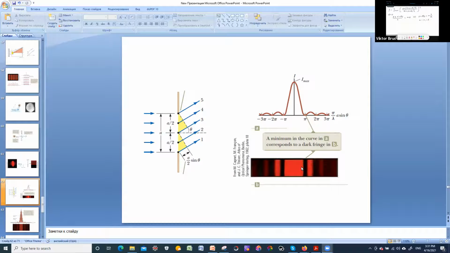Ideally we would consider that all light is concentrated here in the central peak, and there are no diffraction patterns.